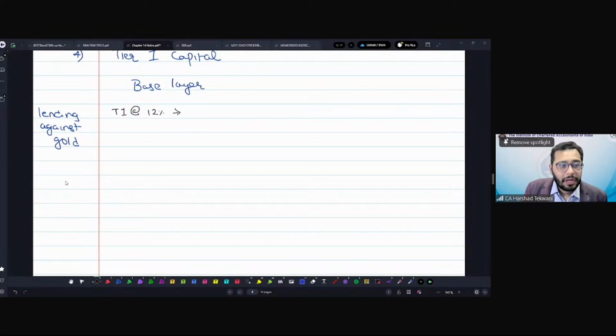Now, what is this aggregate risk weighted assets? Don't worry on that. I'll explain in detail what is aggregate risk weighted asset.